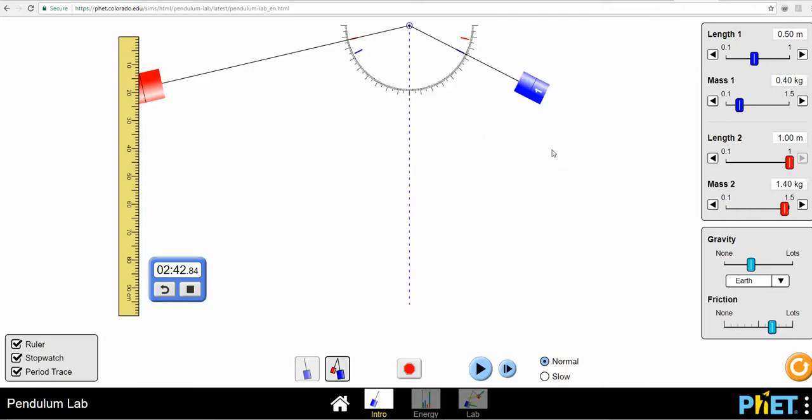All right. Reset the timer. Turn it on slow. Adjust the lengths to be, oh, I don't know. Let's see what happens if we make the lengths the same.